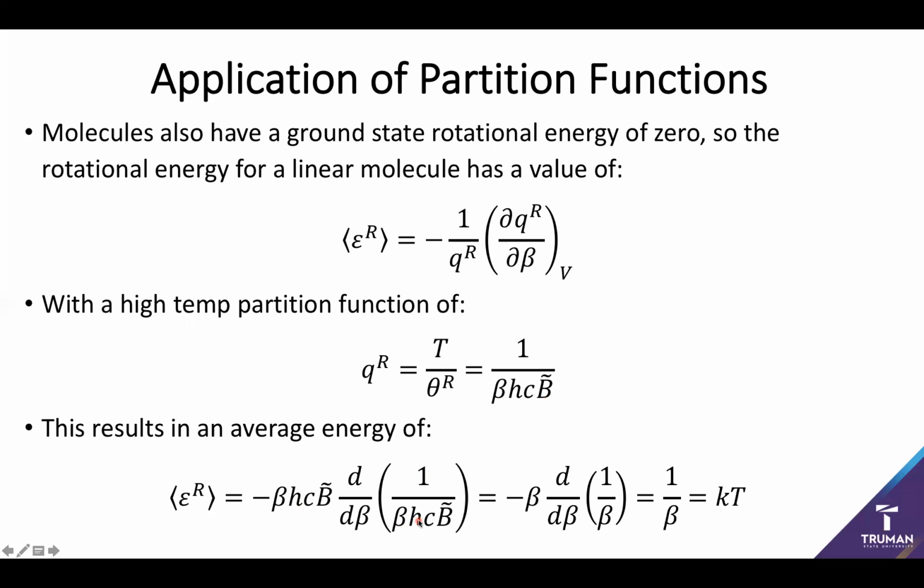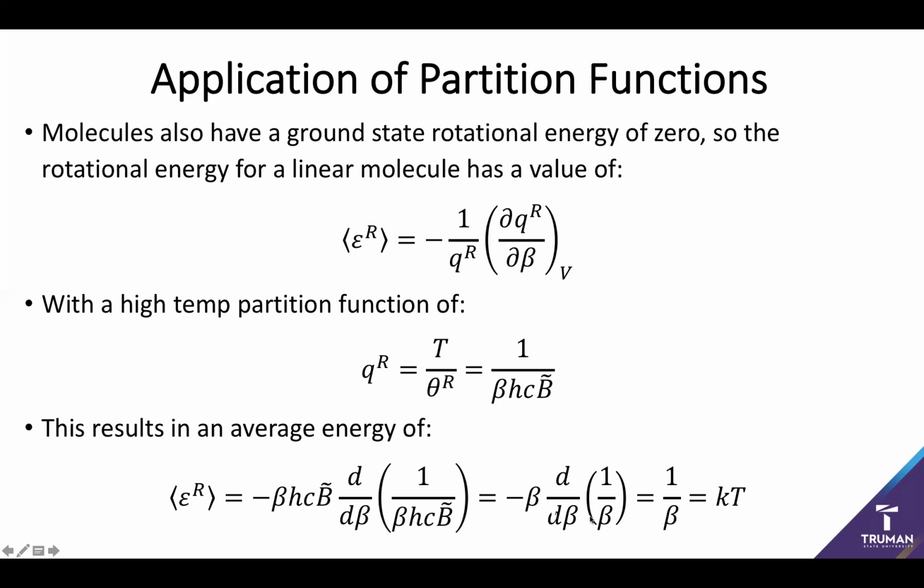Now, from here, all of the constants, hc and the rotational constant, come out front, and then congratulations, they cancel out with the variables already there. So all I'm left with is negative beta times the derivative of 1 over beta with respect to beta.